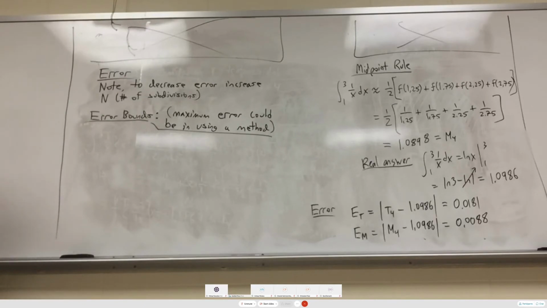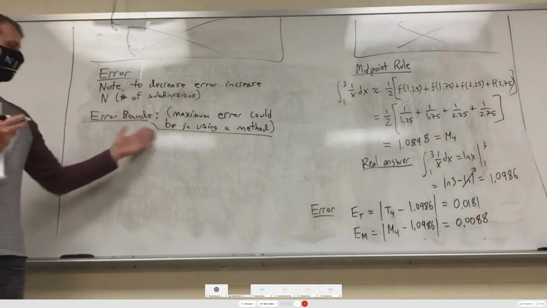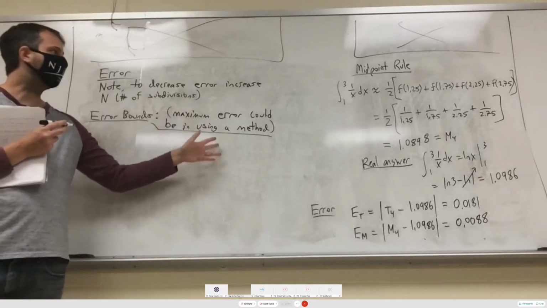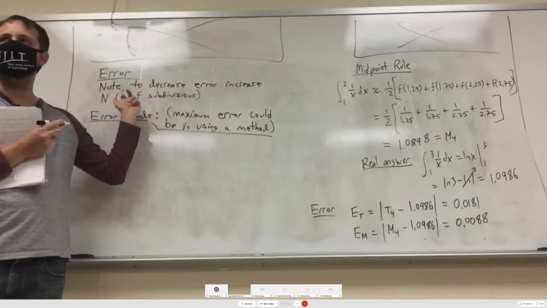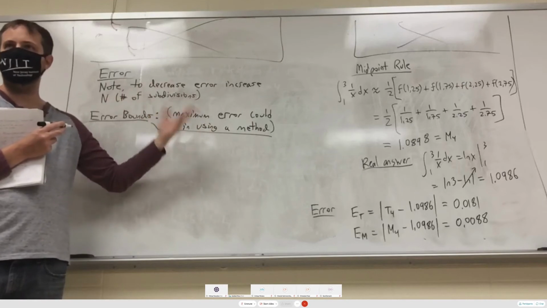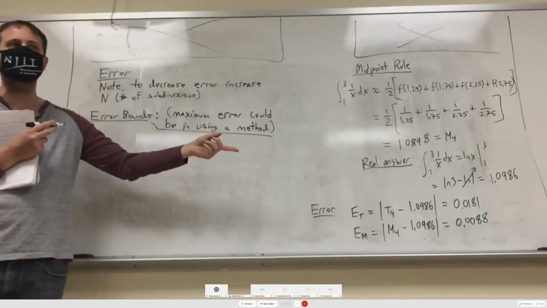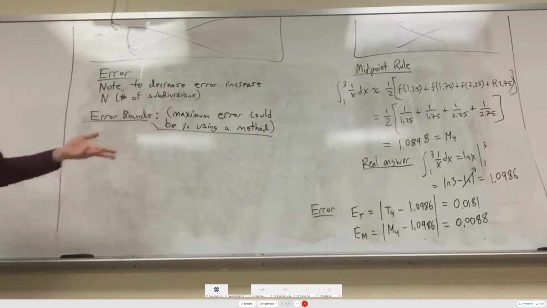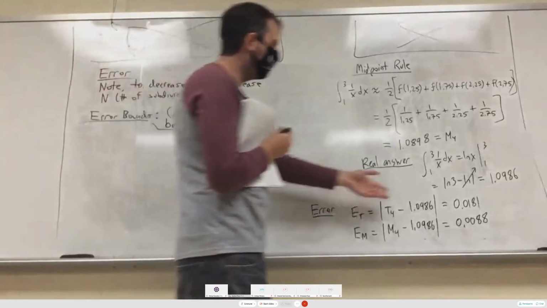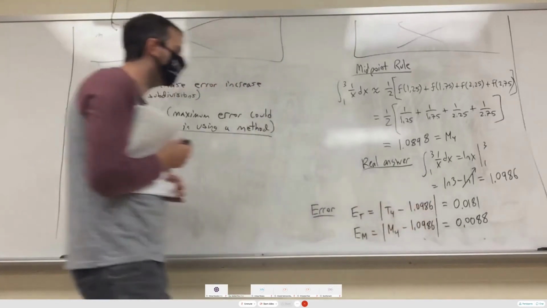You could say, look, I want my error bounds to be smaller than 0.0001. What is the n that I would have to use to achieve that goal? Once you do that, then I know that the answer is correct up through those 4 decimal places. So that's pretty much how people and how calculators and computers figure out the right answer to things.